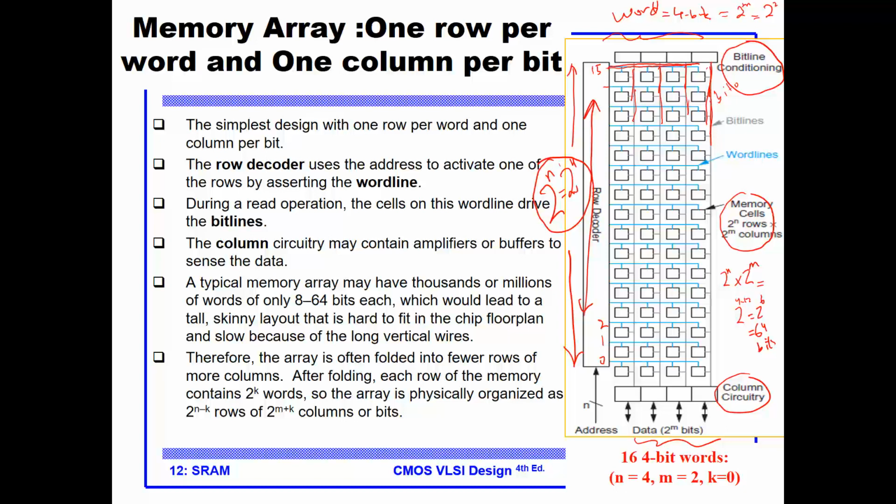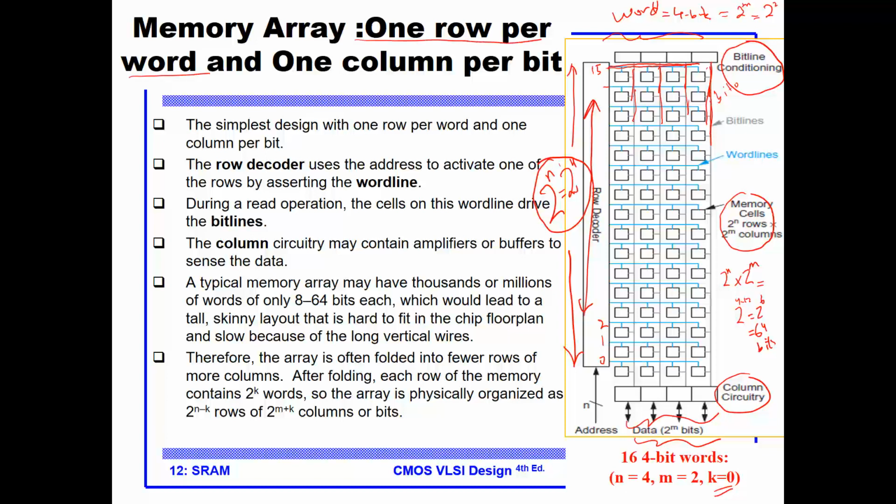In this case, you can see that this output represents just one word. When we fold the memory, the column circuitry has to choose between two words in the output. We will refer to the folding with a parameter we call K. In this architecture, we are not doing any folding because we have one row per word.